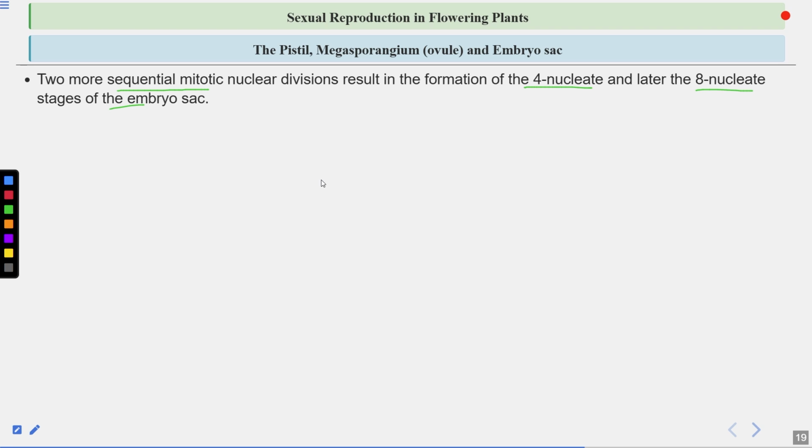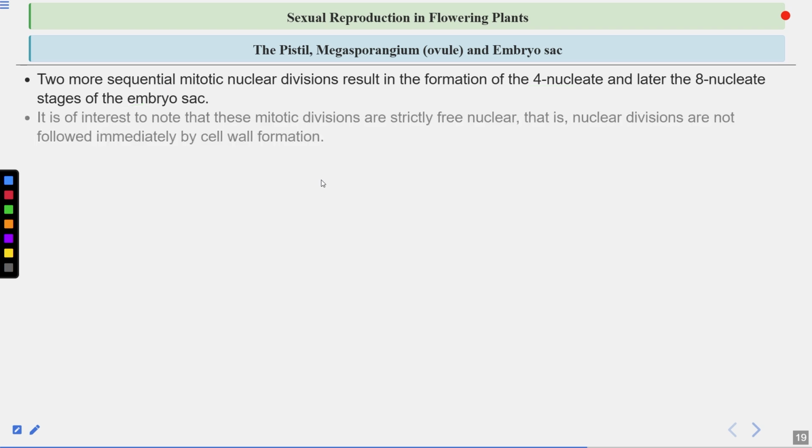We have already discussed about it. And it is of interest to note that these mitotic divisions are strictly free nuclear. It is free nuclear division. Very, very important point. Free nuclear, no cytokinesis division is taking place here, right? So that is the nuclear divisions are not immediately followed by the cell wall formation. No cell wall formation takes place here, right? So it is called as free nuclear division.